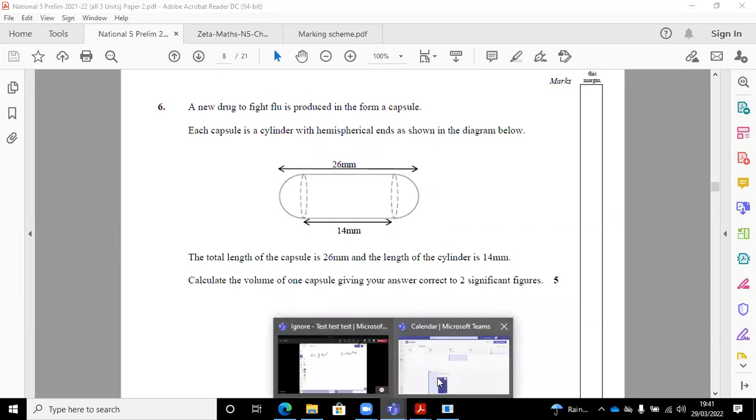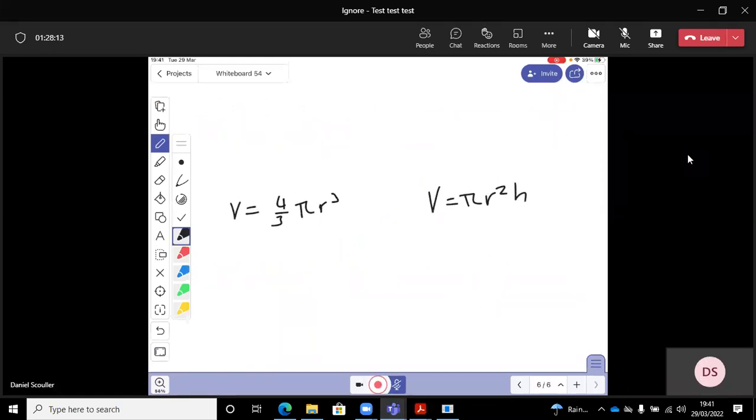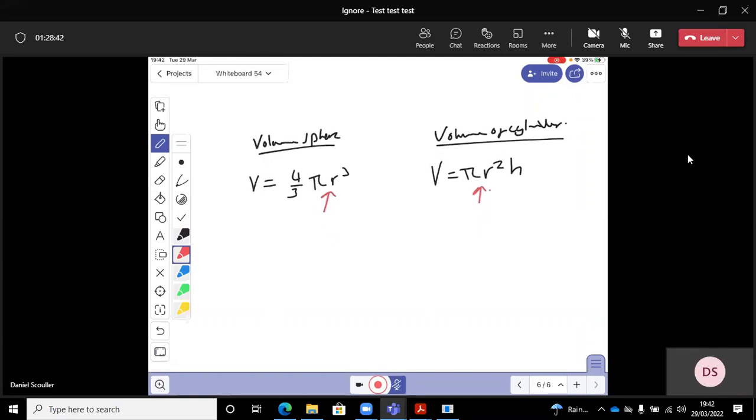All I've done is start my page with these two: volume of sphere, volume of cylinder. This allows me to work out what we need. We need the radius, and the height. So let's have a wee look at it.